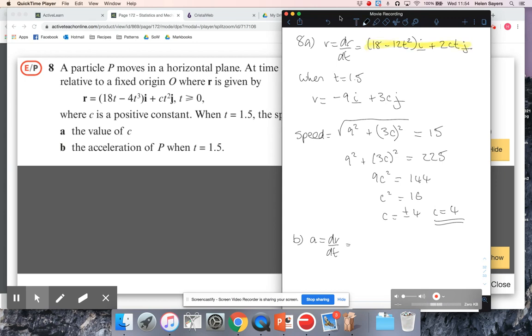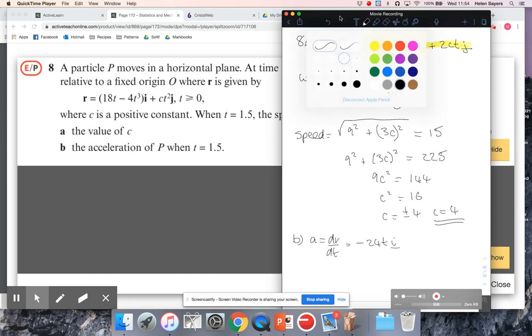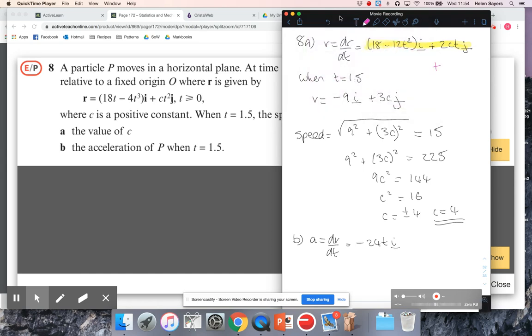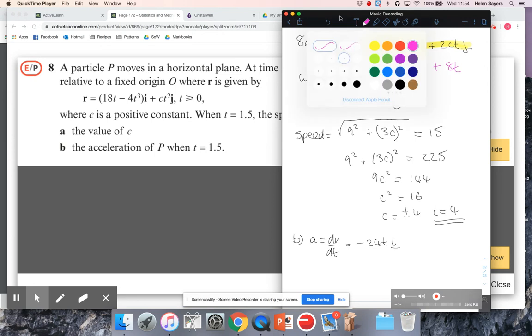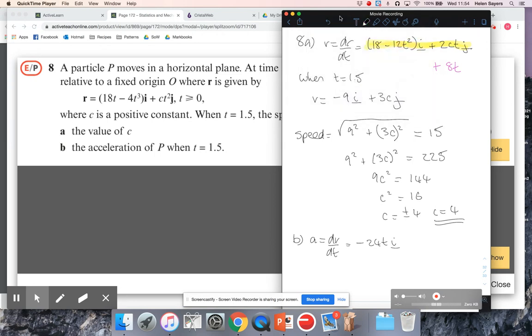So 18 is going to differentiate to nothing. So the minus 12t squared is going to differentiate to minus 24t. That's my i vector. I know c is 4 now, so I know now that's actually 8t. So that is just going to differentiate to 8.